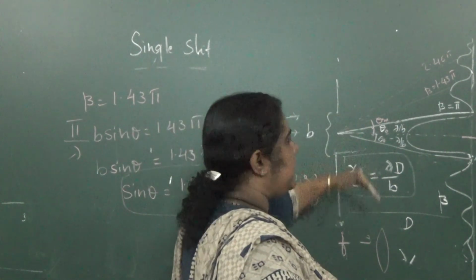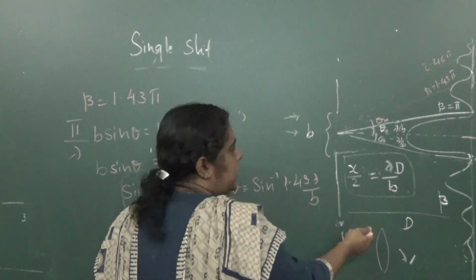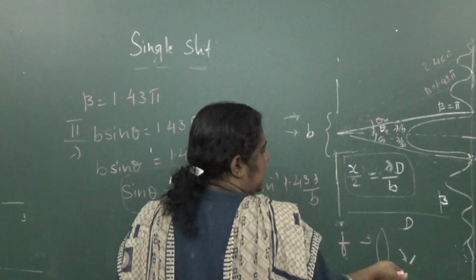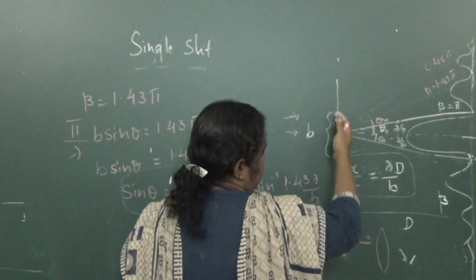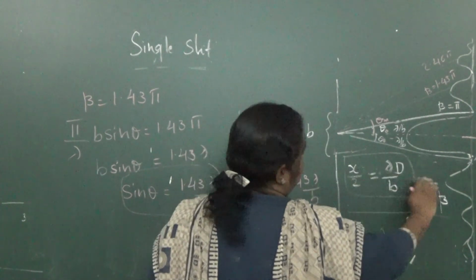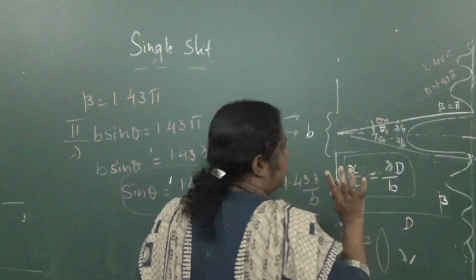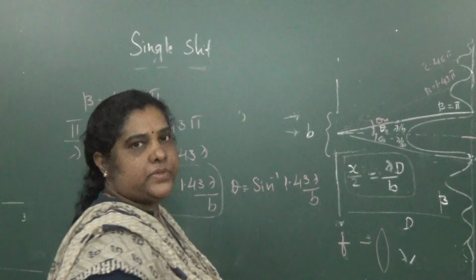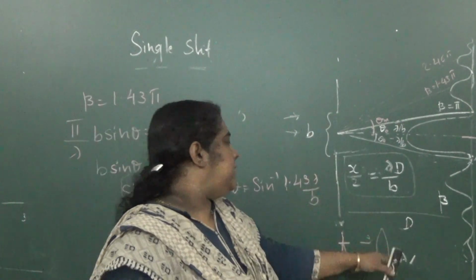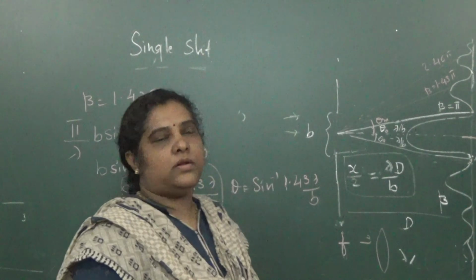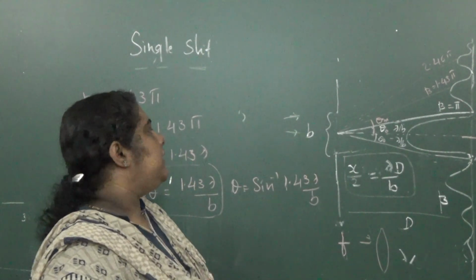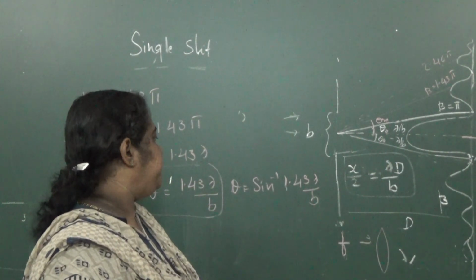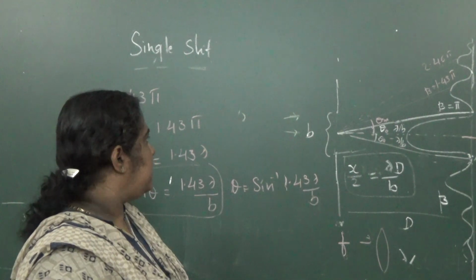That is equivalent to D. When our lens is very close to our slit, you can take capital D as f. So this equation becomes f lambda by b. That's all. Okay. In any case, if they have given the focal length of the lens, then you have to multiply with f instead of capital D. Okay. So here, we stop here.